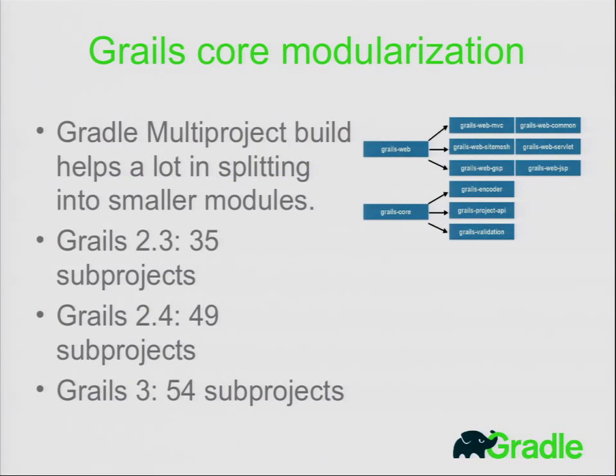So one of the main reasons for the growth is that, as this picture shows, when we split, for example, Grails Web, it split up into several smaller pieces which have the minimal set of dependencies. So the benefit of this is that when you don't, for example, use GSPs or JSPs, you don't have to include the transitive dependencies that those pull in.